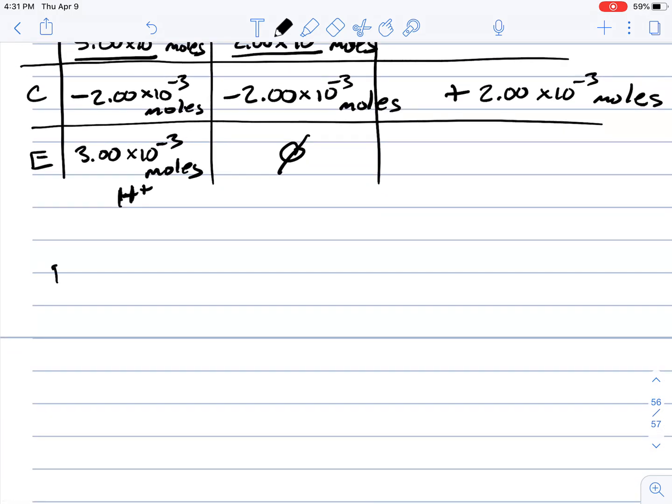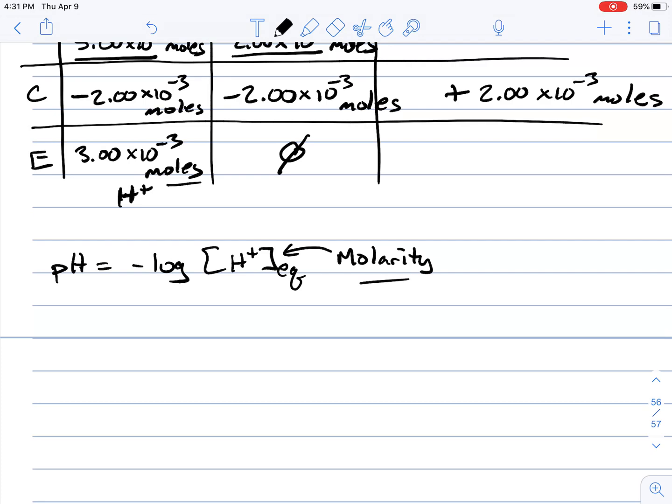And so if you guys recall, the pH is equal to the negative log of the concentration of H plus at equilibrium. And so concentration is molarity. And so here, at this point in time, we actually have a discrepancy in units. We cannot plug this value that we got into the formula for pH just because we're still in mole units.